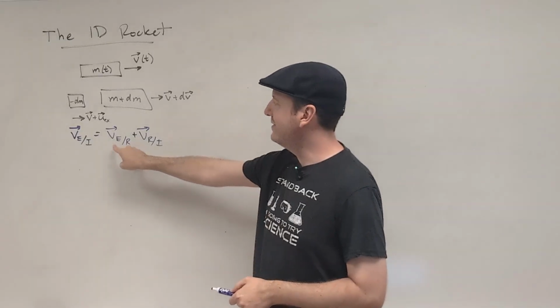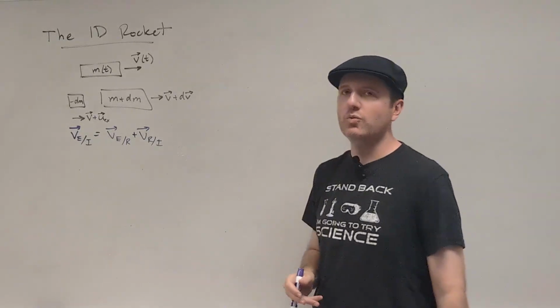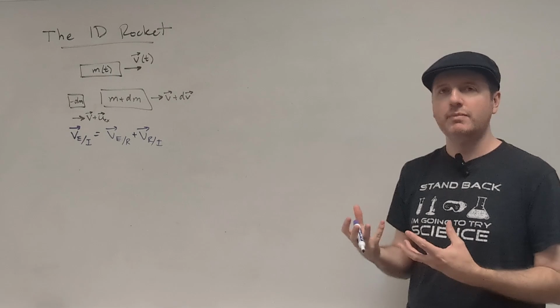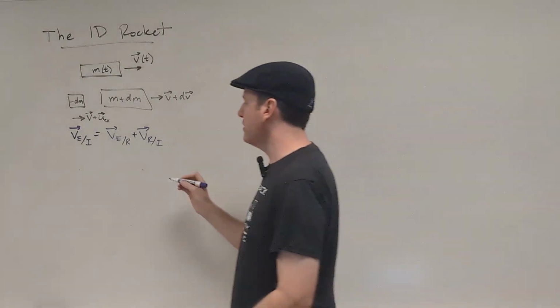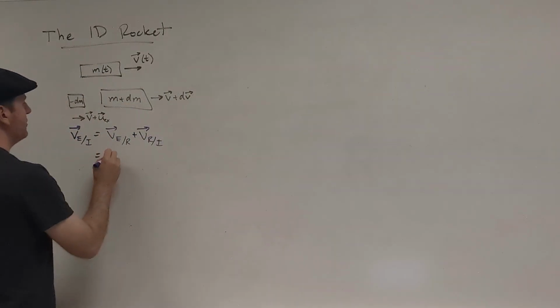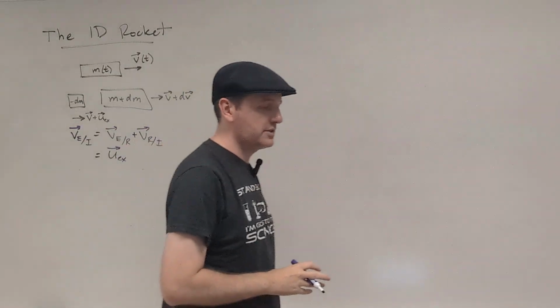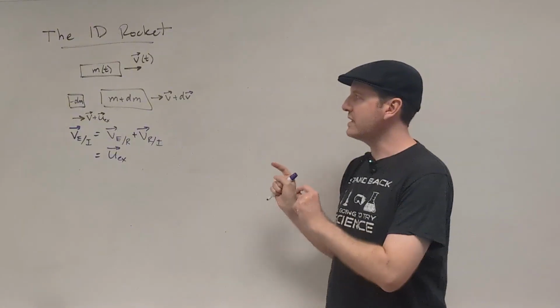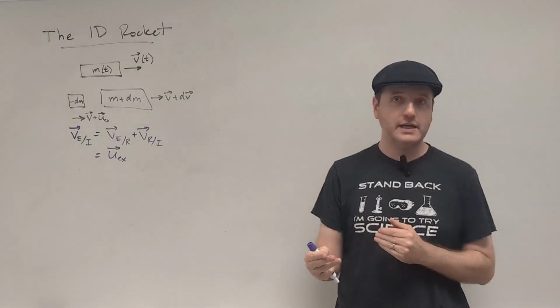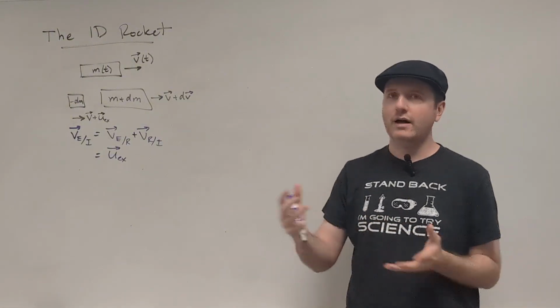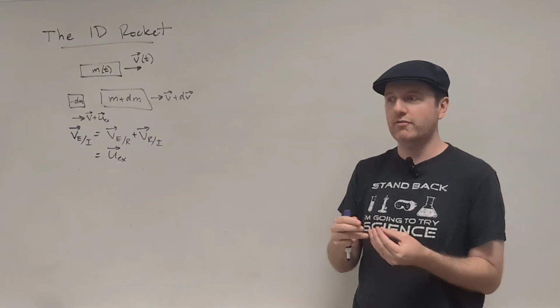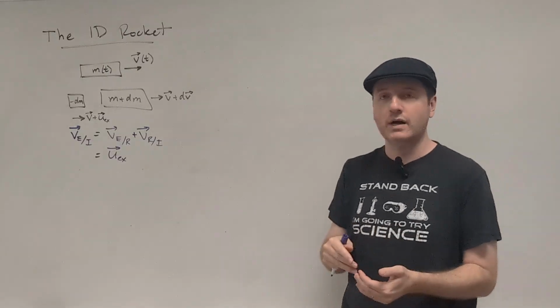And honestly, this velocity is the one that is somewhat controllable by the people on the rocket. I'm going to call this velocity u exhaust. So ex stands for exhaust. Please note, that is the velocity of the exhaust relative to the rocket. It doesn't care about how fast the rocket is traveling. It just cares about how fast it's being ejected from the rocket.